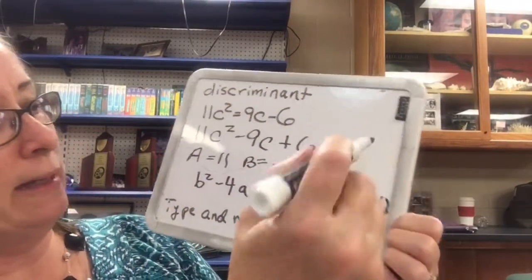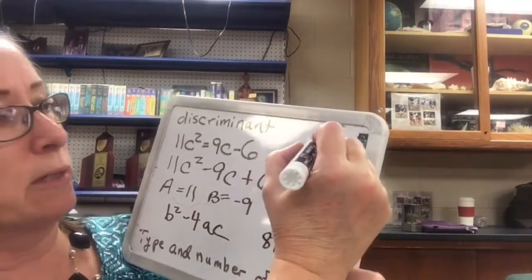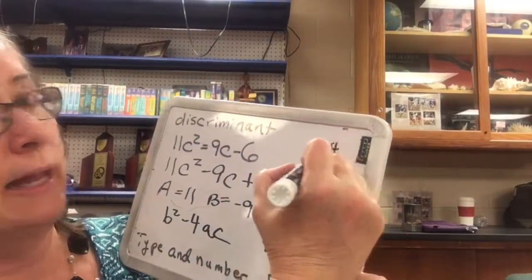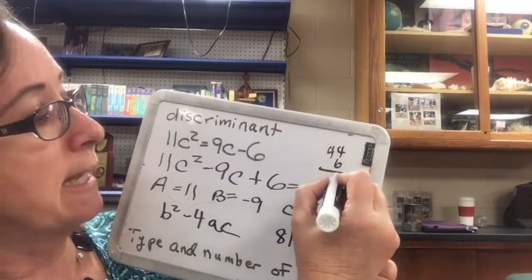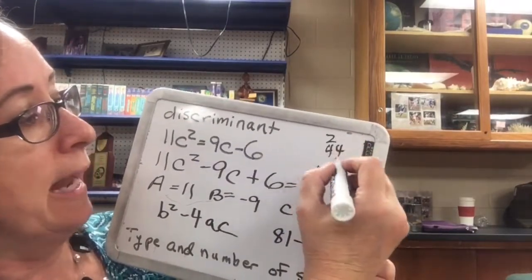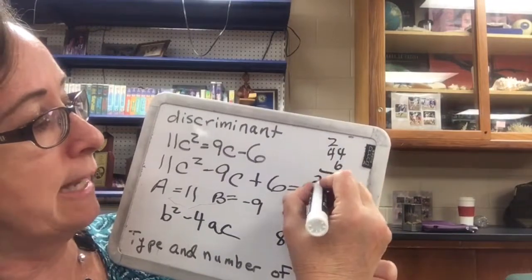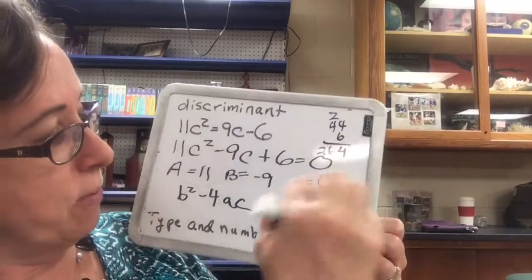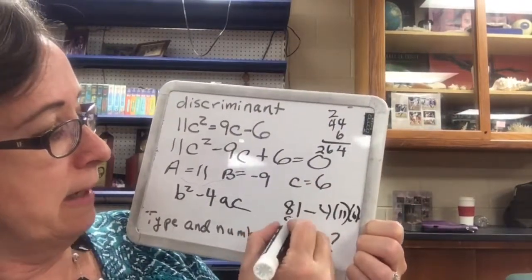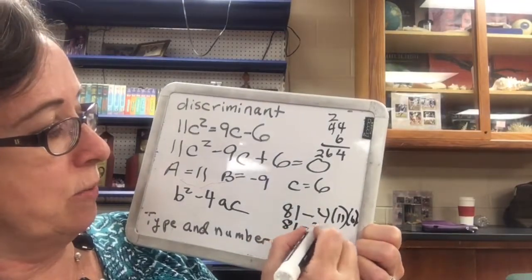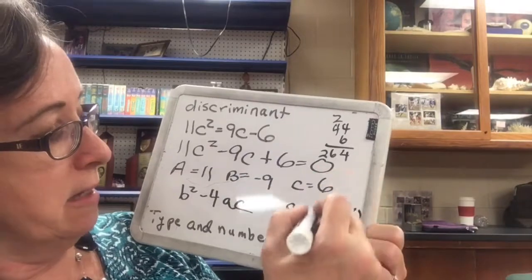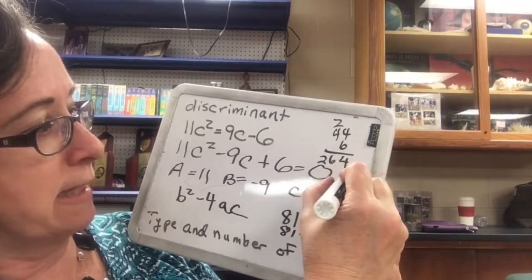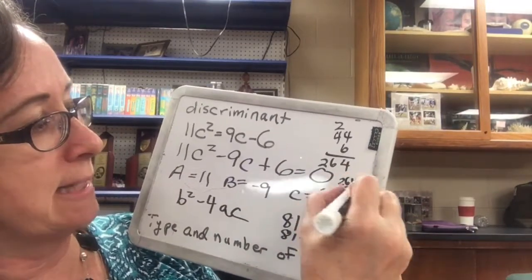Okay, so I wind up with 44 times 6, and 44 times 6 is 264. So we have 81 minus 264, which is going to be, let me just do 264 minus 81 because that's easier.